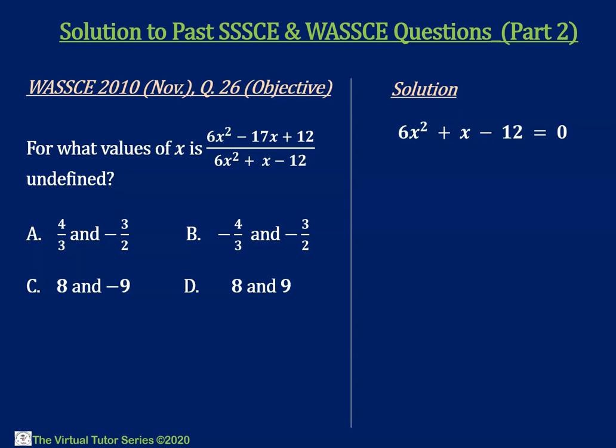The product of the coefficient of x squared and the constant term is 6 times negative 12, which is negative 72. And 2 factors of negative 72, which sum up to the coefficient of x, or 1, are 9 and negative 8.